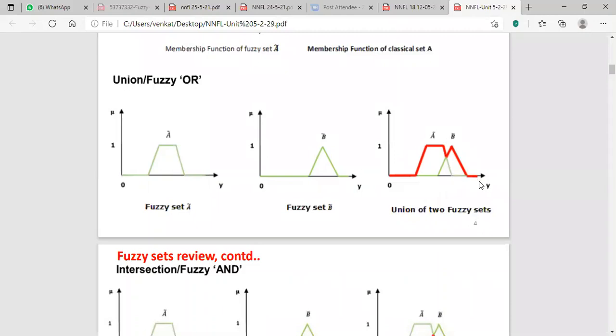In this graph, the two membership functions are combined. The red part indicates the union or OR operation of the two fuzzy sets.